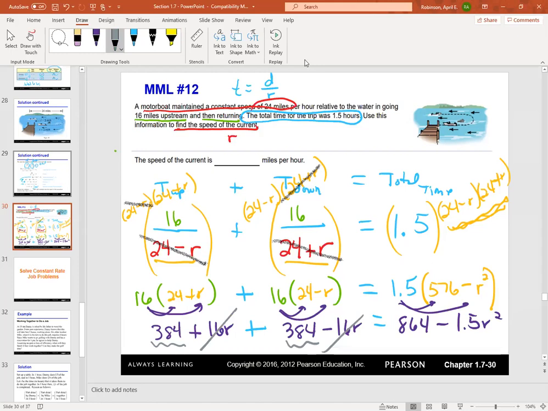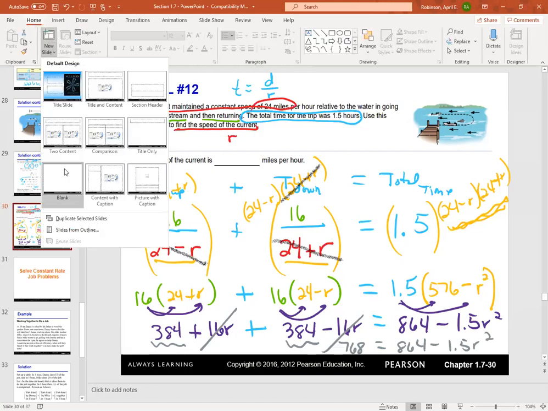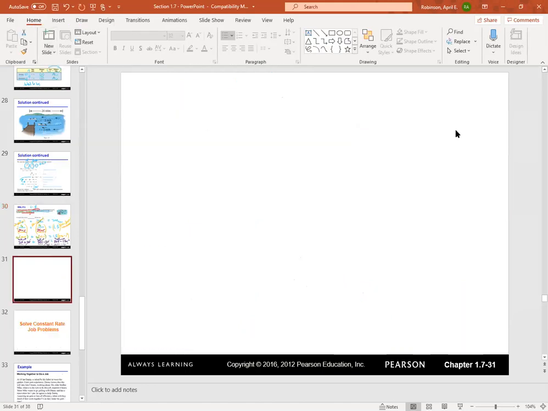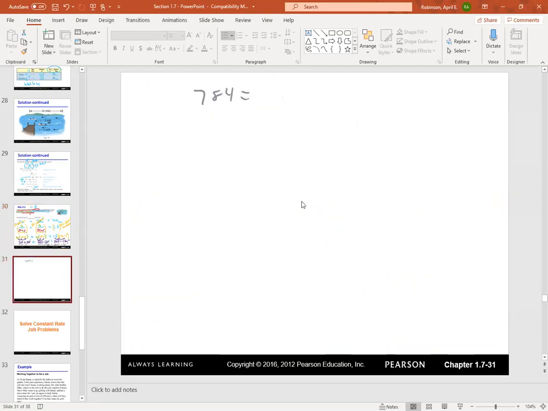That's 768 is equal to the 864 minus 1.5 r squared. I have run out of room, so let me add a slide here. Okay, so I've got 768 equaled, can't even remember now, 864 minus 1.5 r squared.